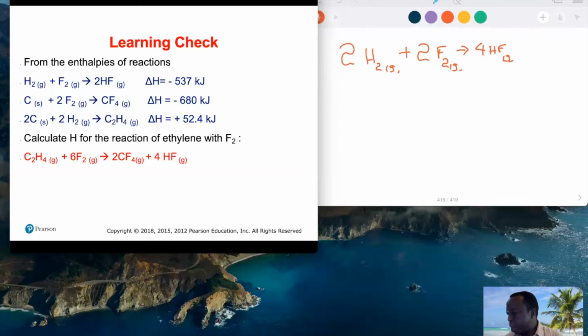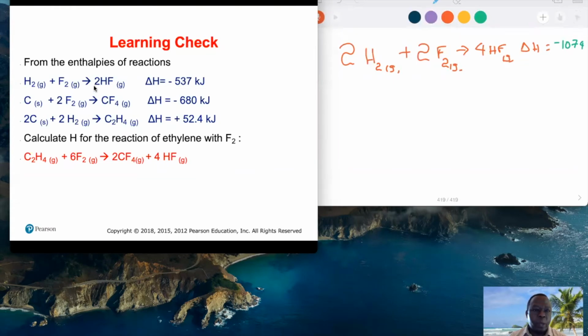And when we multiply by 2, the enthalpy of reaction for this is multiplied by 2, and we'll end up with negative 1074 kilojoules. How do I know it is by 2? Based on the species in the overall equation.